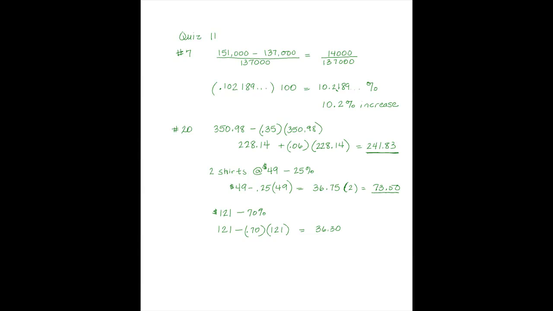Now, jewelry is one of the things they charge tax on, so I take the $36.30 and I add to that 6%, 0.06 times 36.30. So when I do that, I get $38.48.